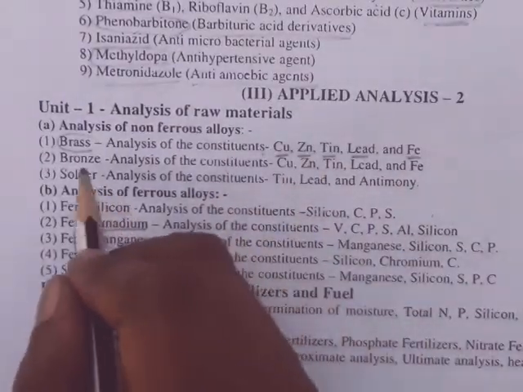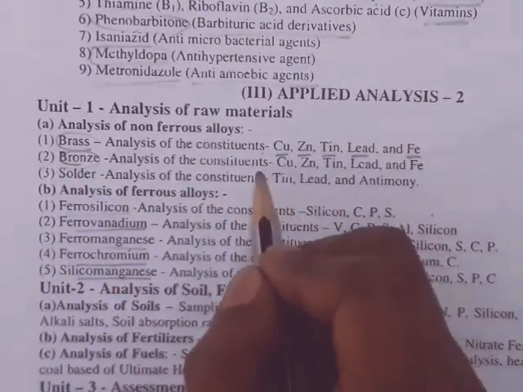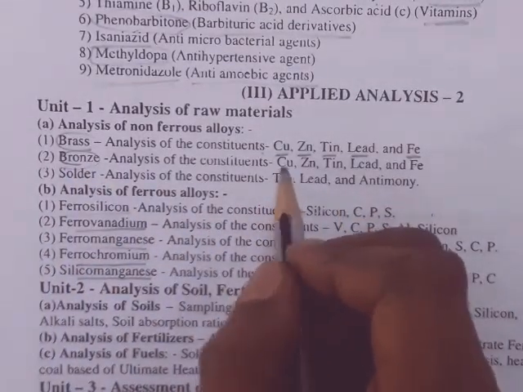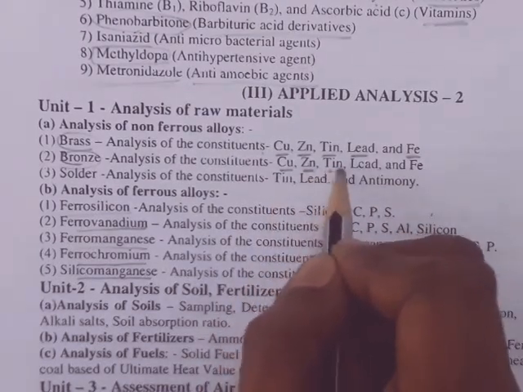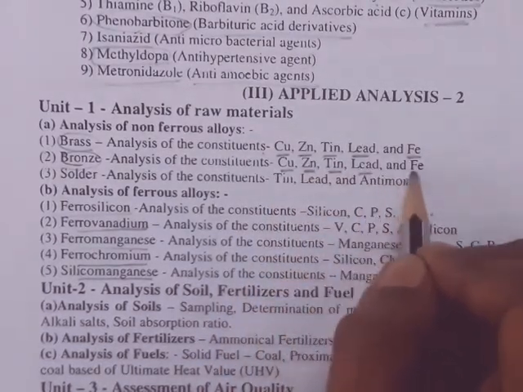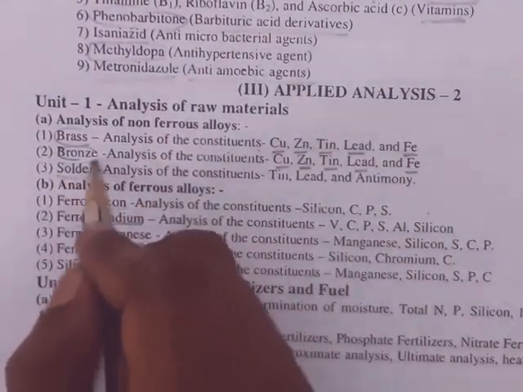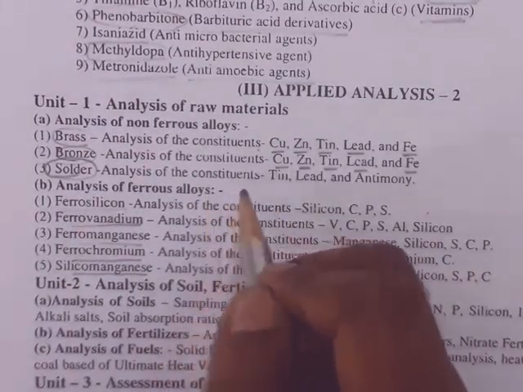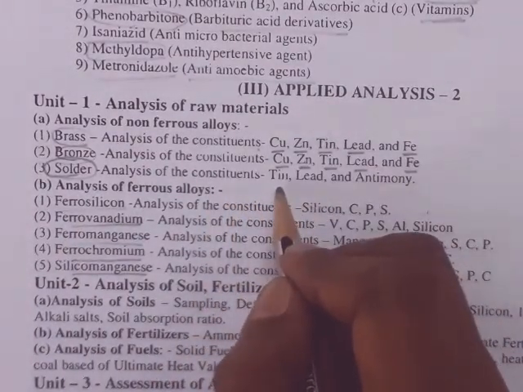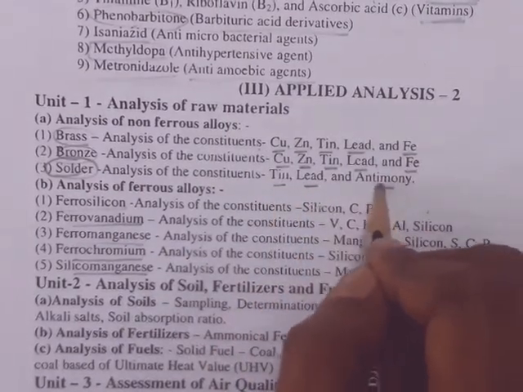Next, in analysis of bronze, we need to determine the constituents of copper, zinc, tin, lead and iron. In case of solder, the constituents to be determined are tin, lead and antimony.